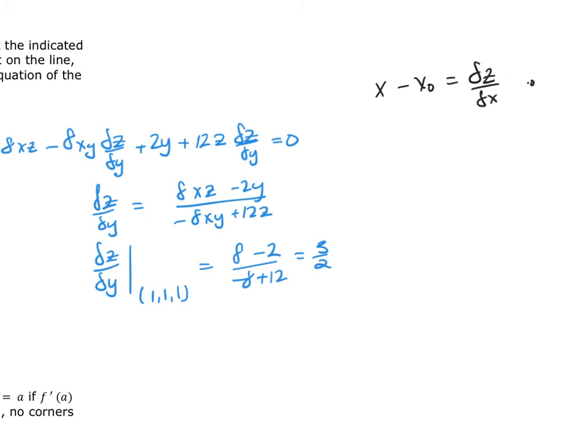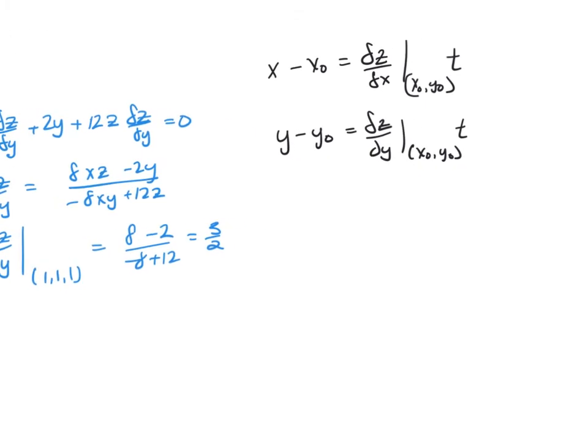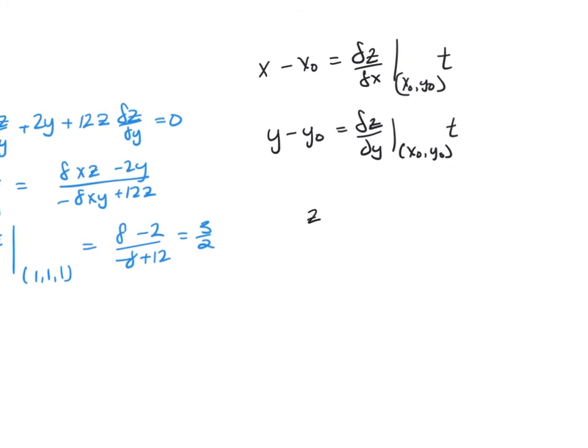Evaluated at x naught, y naught, multiplied by t. And then I'd have y minus y naught is equal to my partial derivative with respect to y, evaluated at x naught, y naught, t. And then, of course, I have my z minus z naught is equal to negative 1.